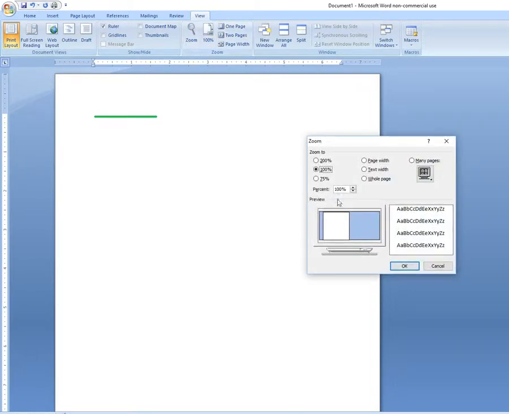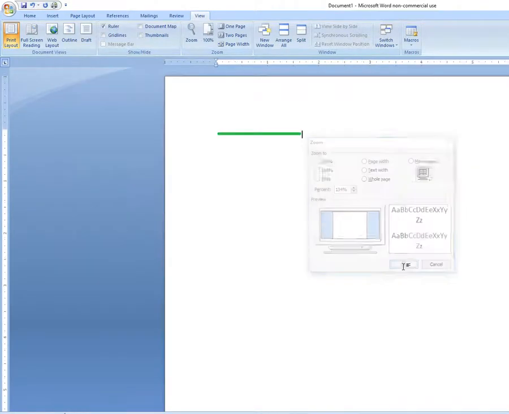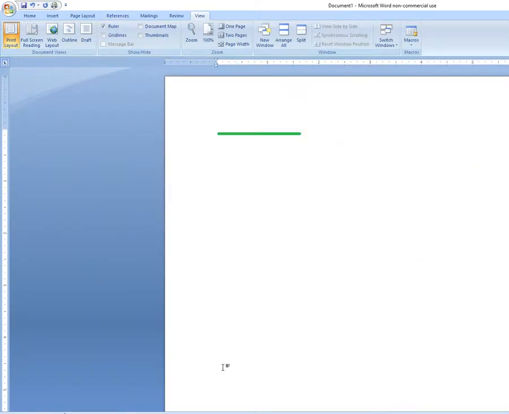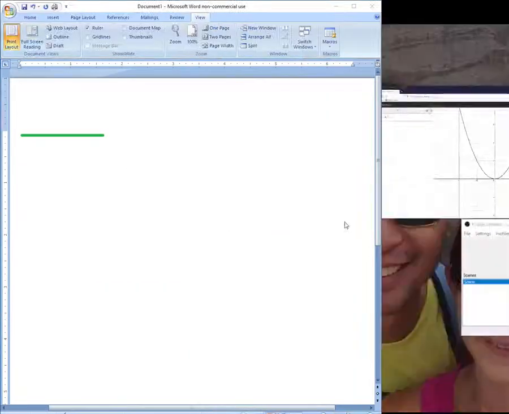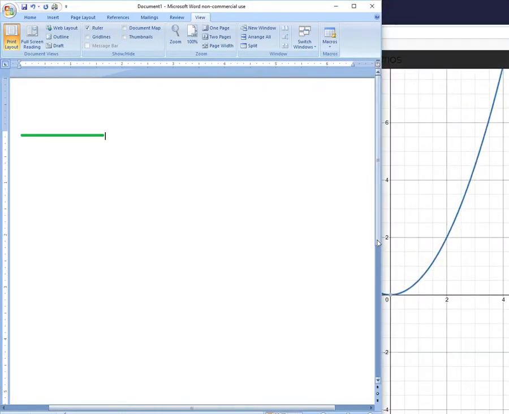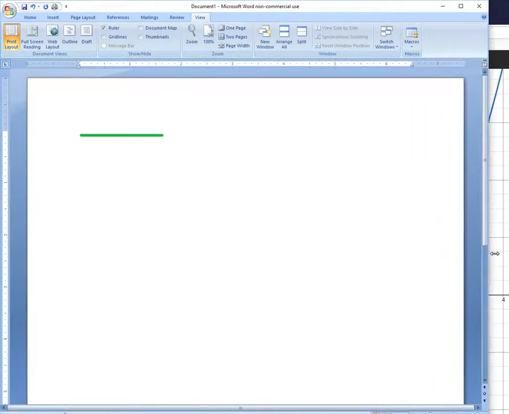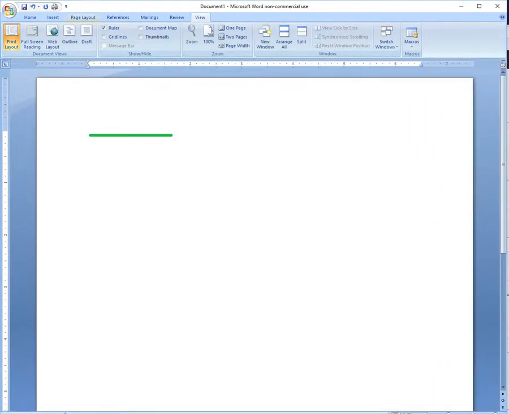Let's zoom in a little bit. Let's go 130%. Okay, I don't want it that far. Slide this over. Okay, so now let's print screen this.